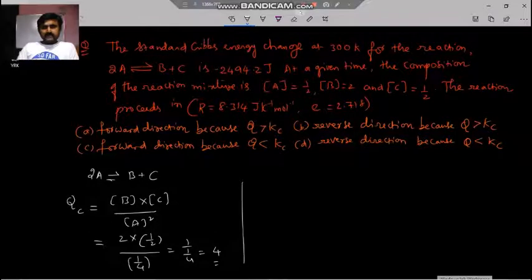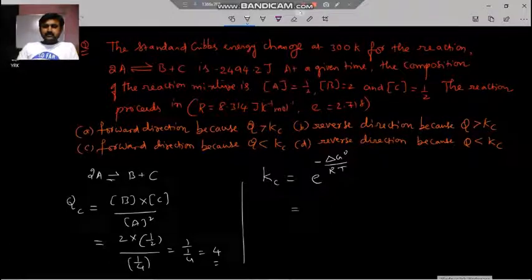Moving on to the other information, that is the standard Gibbs energy change given. What is the relation between the equilibrium constant and Gibbs energy? Kc is equal to e to the power minus delta G naught by RT. In this expression, the e value is given as 2.718, and moreover this delta G value is given as 2494.2 divided by R value into temperature 300.